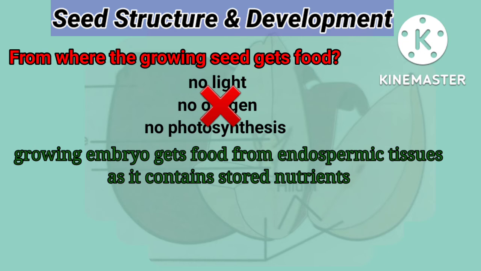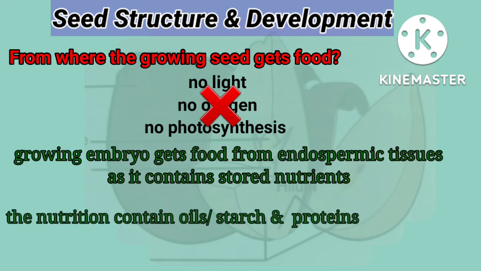So the new seedling or the new embryo which is growing is not producing its own food by photosynthesis, but it is using the stored food and nutrition that is already present in the endosperm tissues. So in angiosperms, the stored food is always taken from the endospermic tissue, and this tissue is quite rich in starch and mostly in proteins.